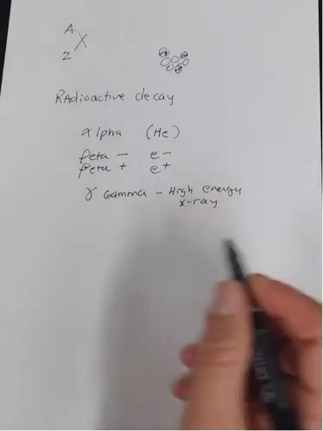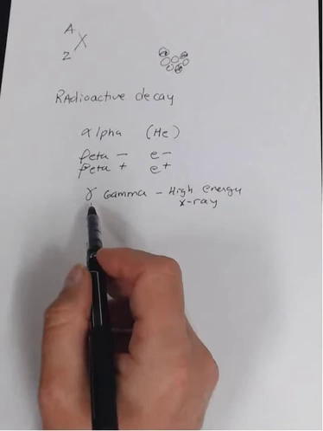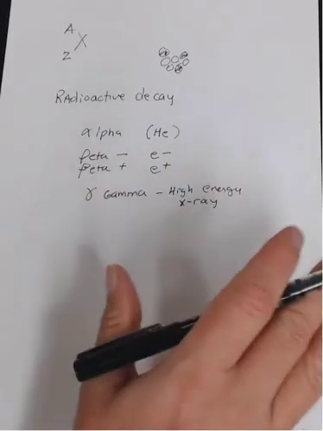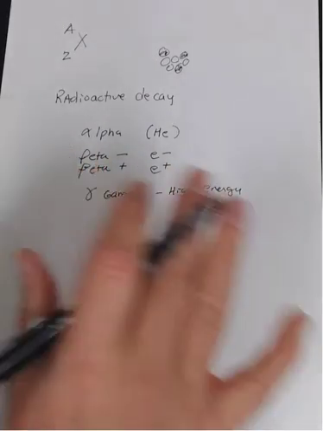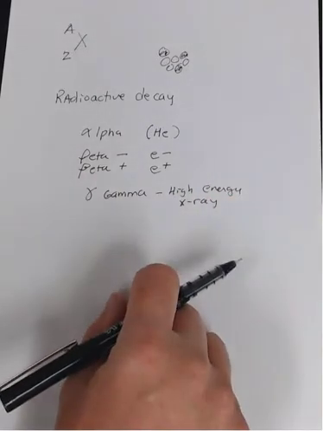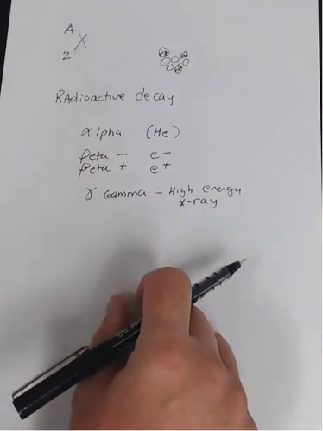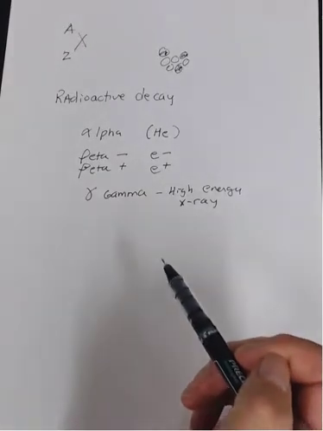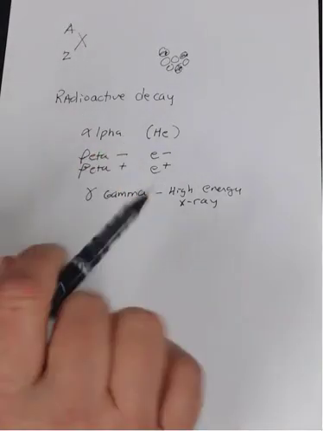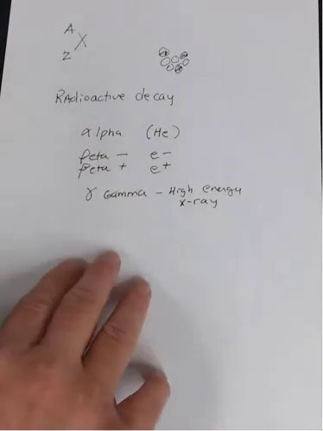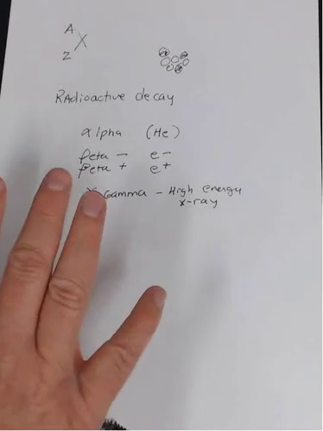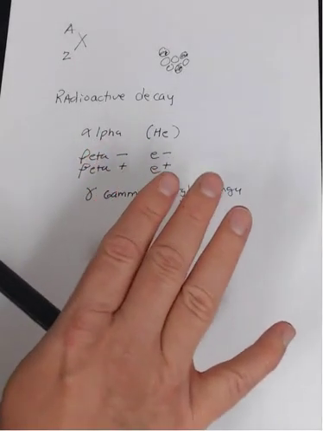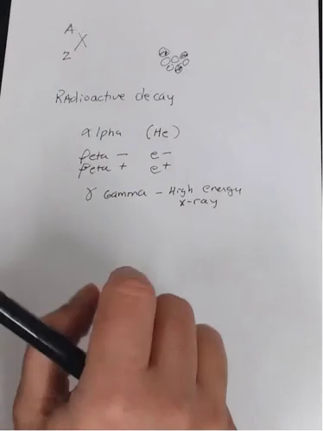Now, high energy X-rays are very hard to stop. They go right through your hand, they go through paper, they go through cardboard. You need quite a bit of thickness of lead to stop most of these gamma rays. Beta particles, electrons, can easily be stopped by your hand. Now they might go through a sheet of paper, but they cannot go through your hand, so your skin will stop them.